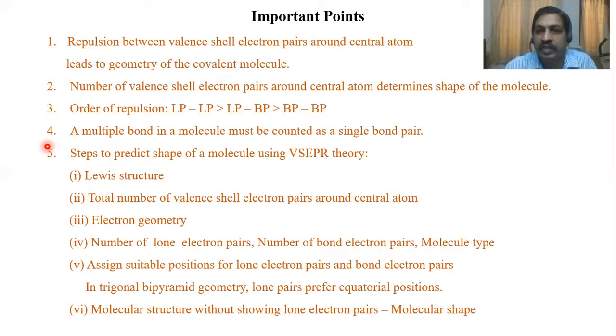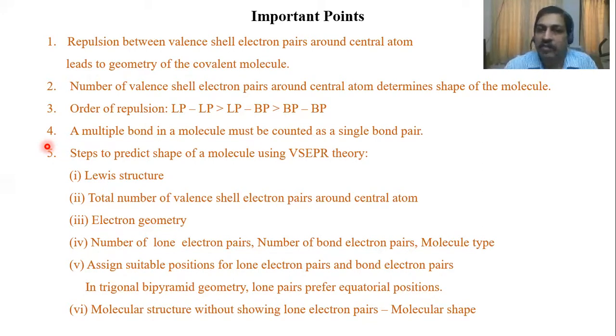Next, we looked at the steps to predict the shape of a molecule using VSEPR theory. The first step is writing the Lewis structure. The next step is counting the total number of valence shell electron pairs around the central atom. The total number of valence shell electron pairs indicates the electron geometry. Once we know the electron geometry, we should assign suitable positions for the lone electron pairs and the bond electron pairs.